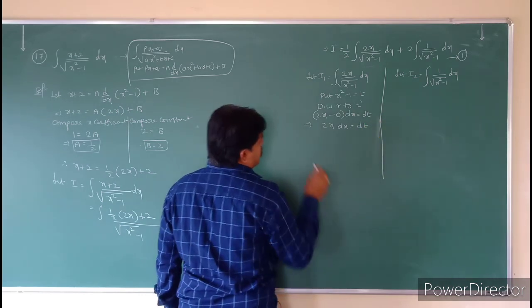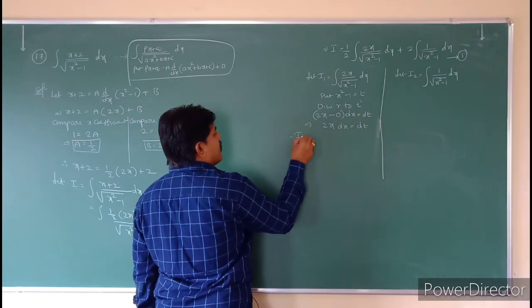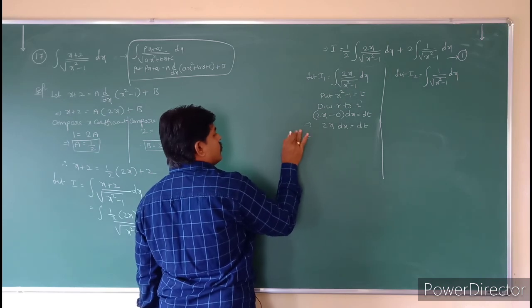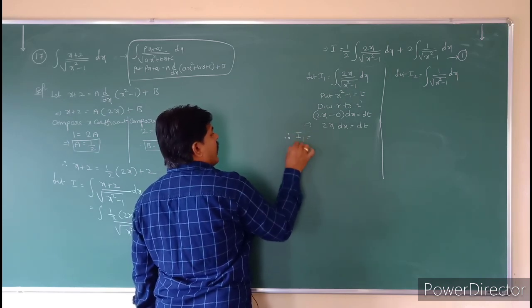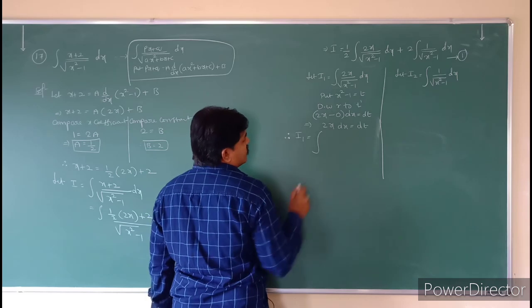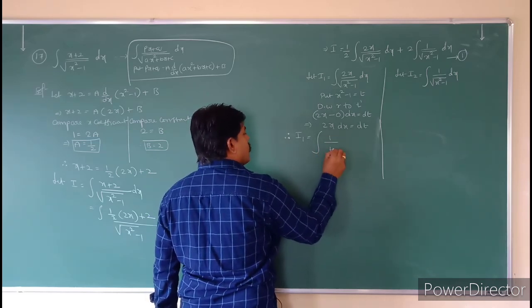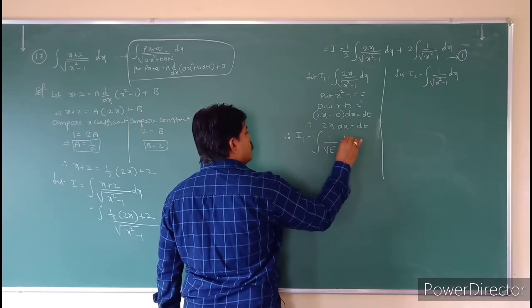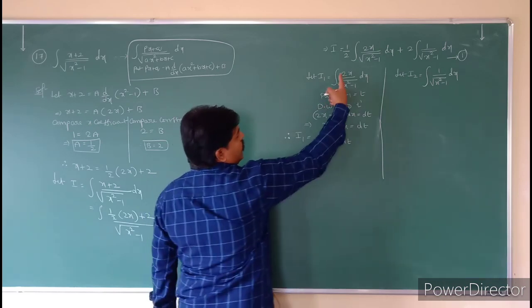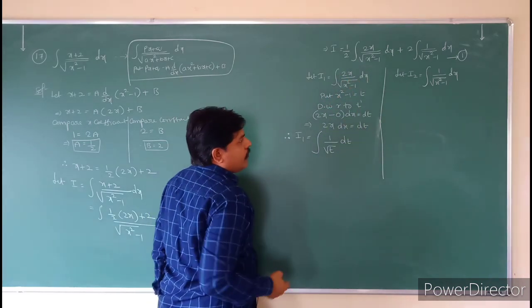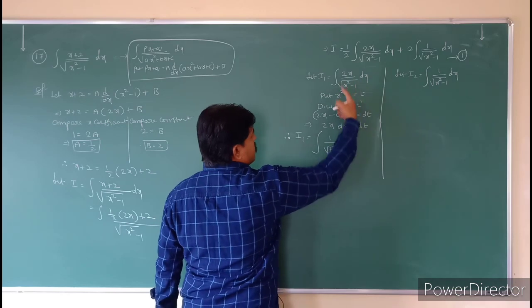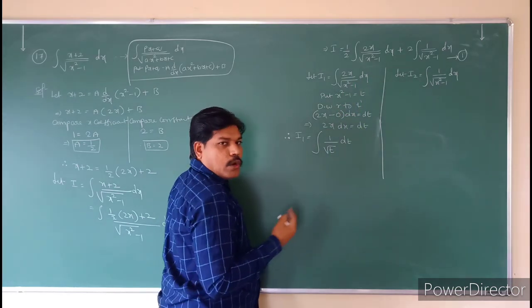Therefore I1 is equal to the integral of 1 by root t into dt, since root of x square minus 1 is root t.